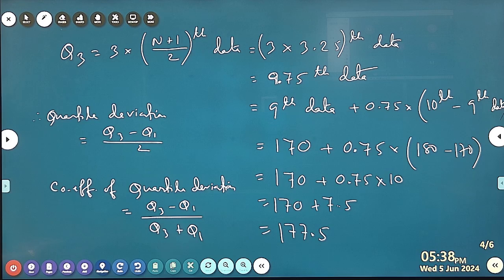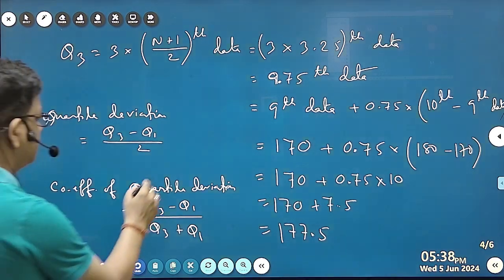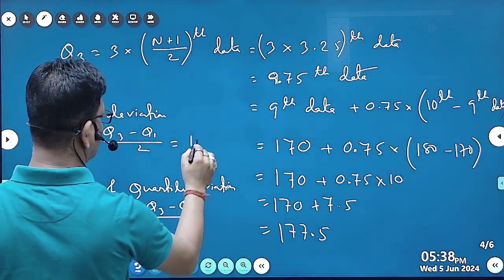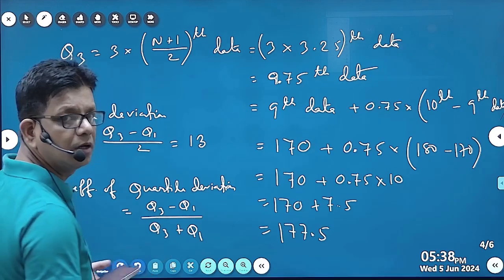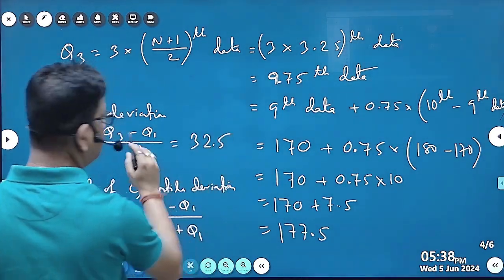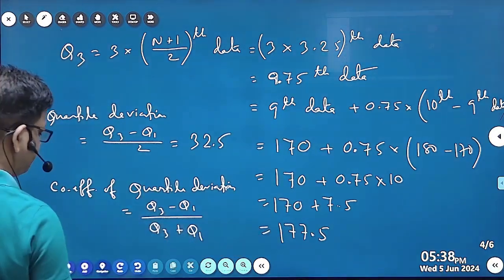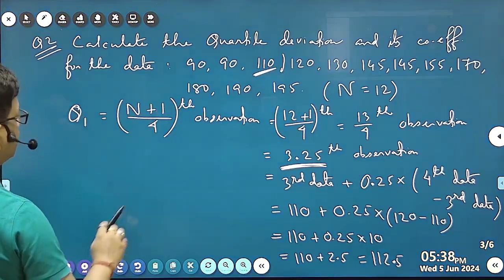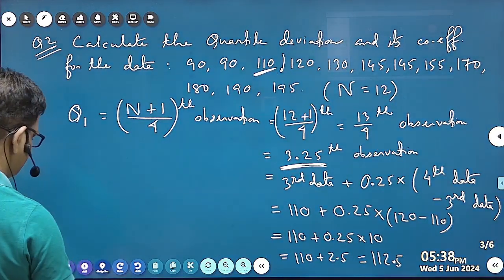Correct? Okay, what is the answer? First one? 32.5. Because quartile 3 was 177.5, quartile 1 was 112.5, yes or no?